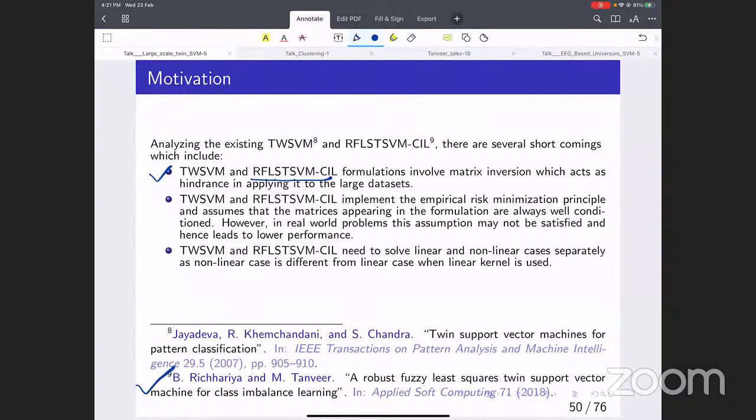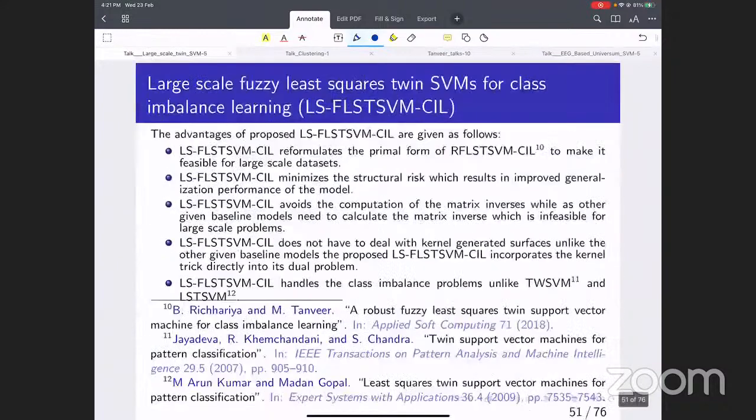This creates the issue in applying to large scale data. Okay. And these formulations implement the empirical risk minimization principle. We address this issue, and the proposed idea implements the structural risk minimization principle, and the matrices appear as always well conditioned. Okay, and we solve linear and non-linear cases separately in the proposed idea.